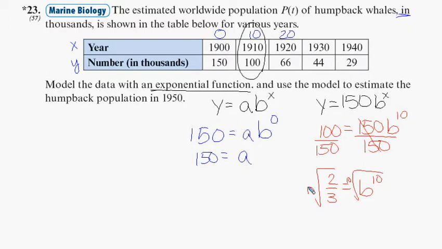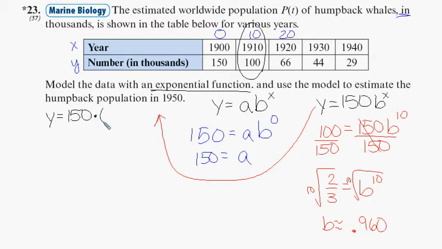When you enter all of this into your calculator, you should end up with b approximately equal to 0.960. So we rewrite this over here, and we get y = 150·(0.960)^x, hope you still have that in your calculator.